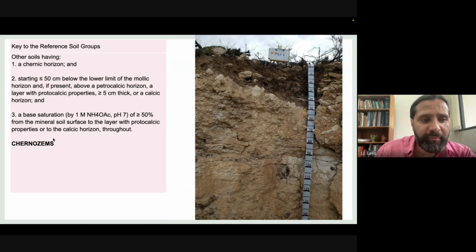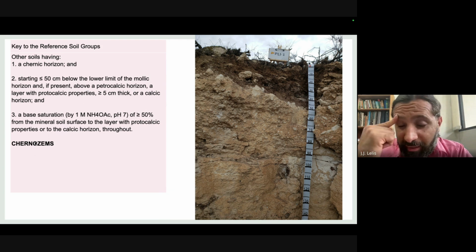Now let's see soil profiles, reference soil groups, that register a high content of organic carbon. These soils can start to be classified as Chernozems. The Chernozems are the first reference soil groups that were studied by Dokuchaev in the past, and these soils register a thick, dark horizon at the surface.